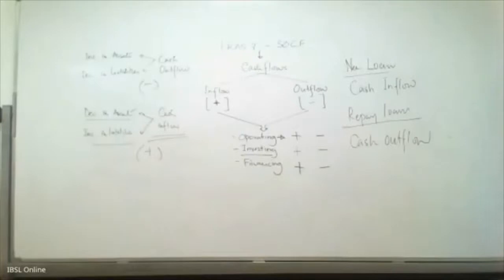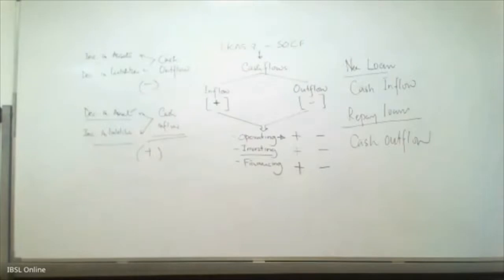Provisions. Yes. So there are various types of adjustments that we need to do. Say for example, depreciation, profit on disposal, loss on disposal, fair value gains, fair value losses, right? Those types of adjustments we have to do.